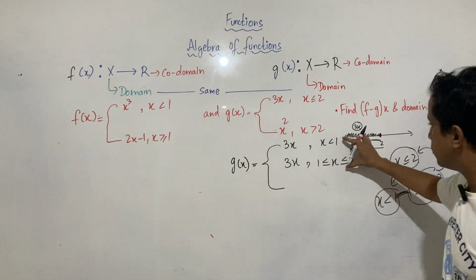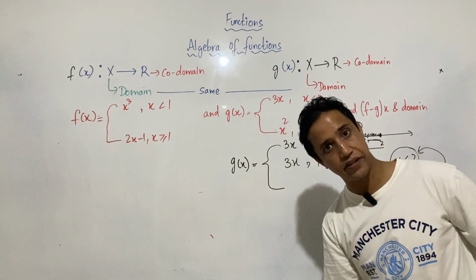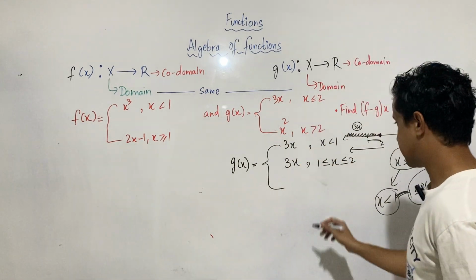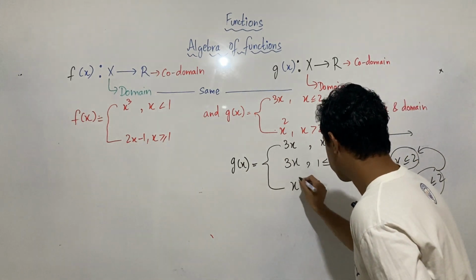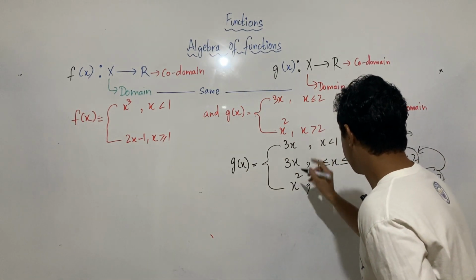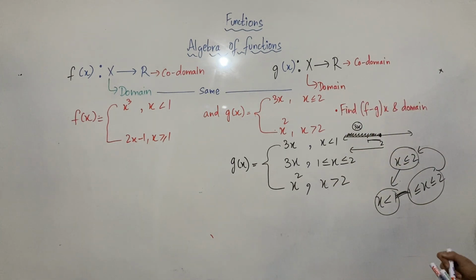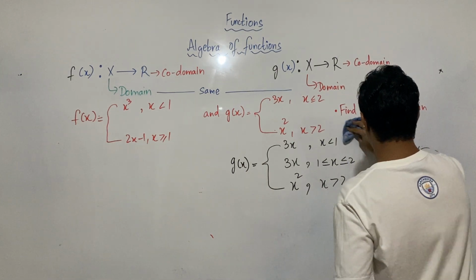So these both things represent this, which is right. I hope you agree with me. Then I have this definition here, which says that g(x) is going to be x squared for all x greater than 2. Okay, so I have done some modifications here. So let's see what's on the other side.